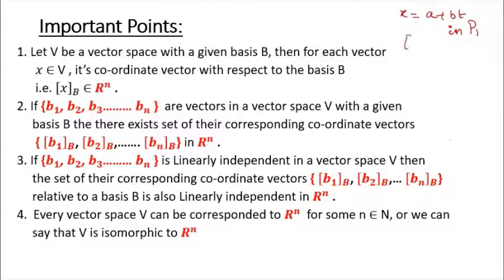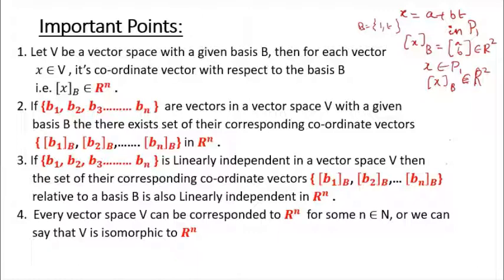What are the coordinates of x with respect to the standard basis B, that is 1, t? The coordinate vector is (a, b). So where is this coordinate vector? It is in R2. So x is there in P1, the vector space of polynomials, but its coordinate vector with respect to the basis B is there in R2.